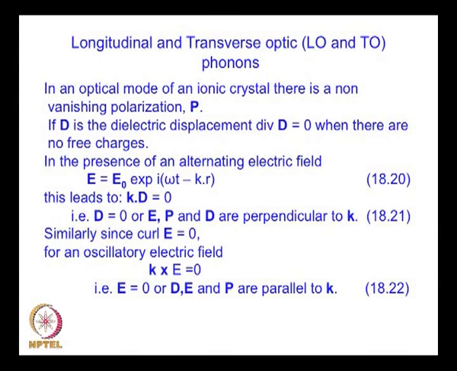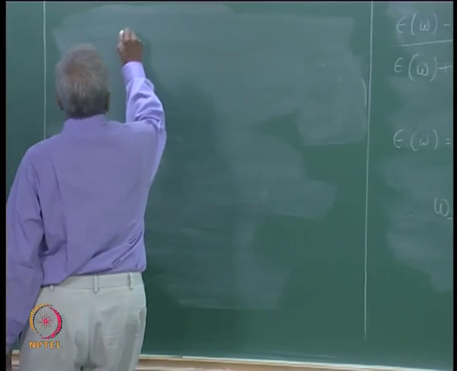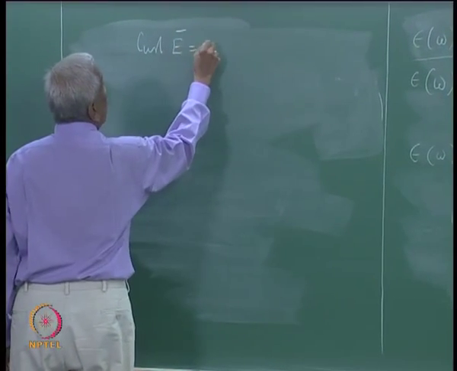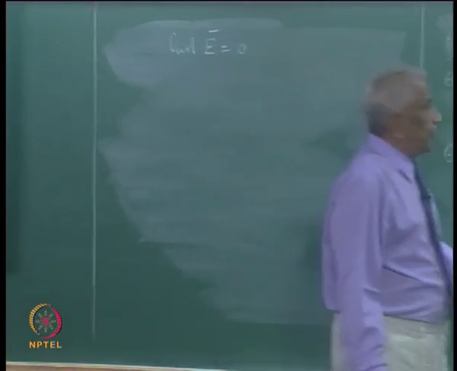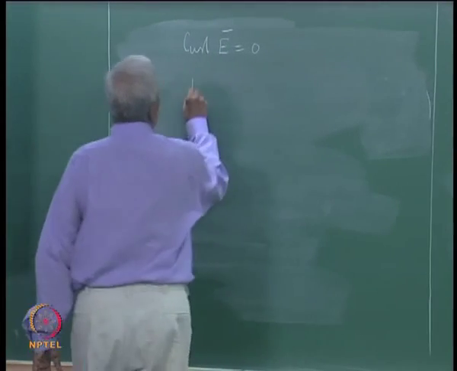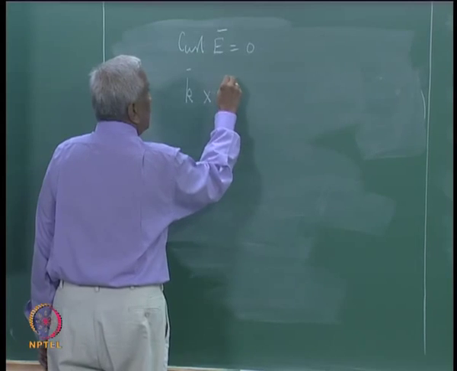Now, in addition, we also have for the electrostatic case the additional relation curl E equal to 0. Curl E equal to 0 for an oscillatory electric field again gives rise to the relation k cross E equal to 0.